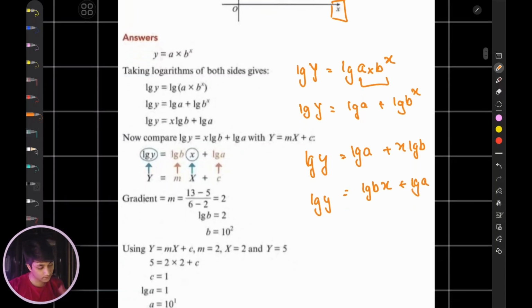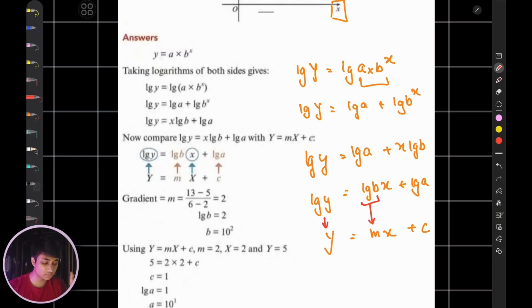Fair enough. Now can you relate this to your typical line formula, which is y equals mx plus c? It turns out you can. So LGY is your y expression, and LGB is nothing but your gradient.